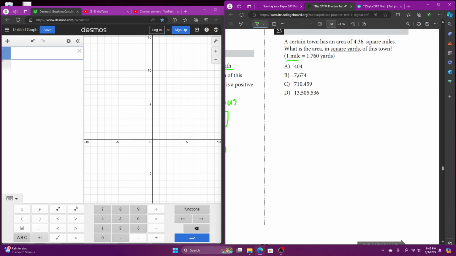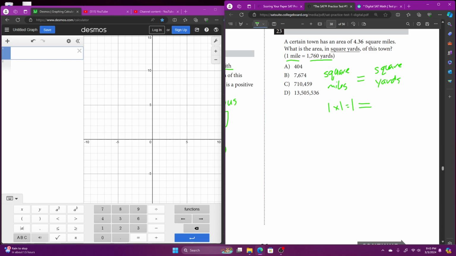So if 1 mile is 1,760 yards, we would need to find out 1 square mile equals how many square yards before we can convert. So 1 times 1 equals 1 square mile.